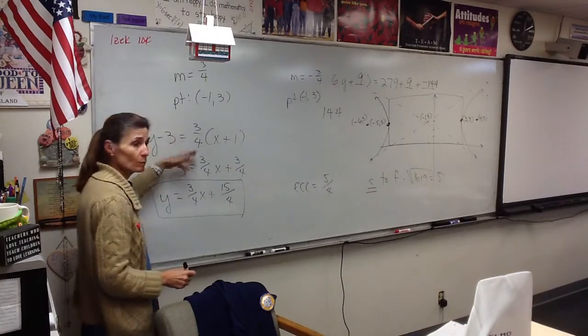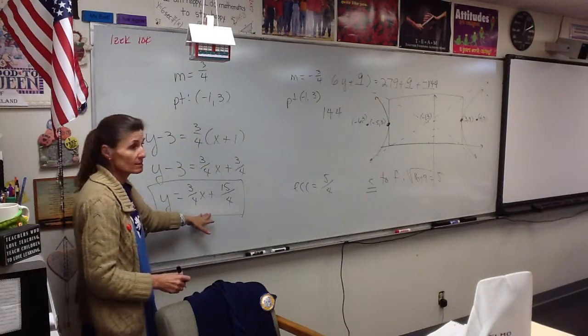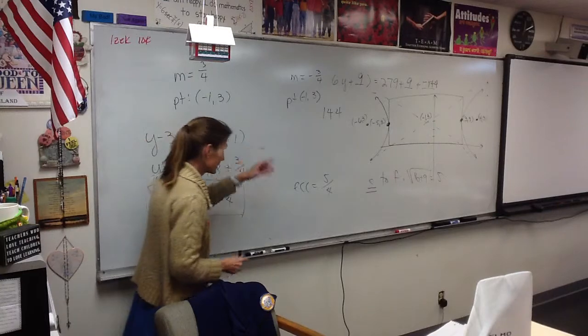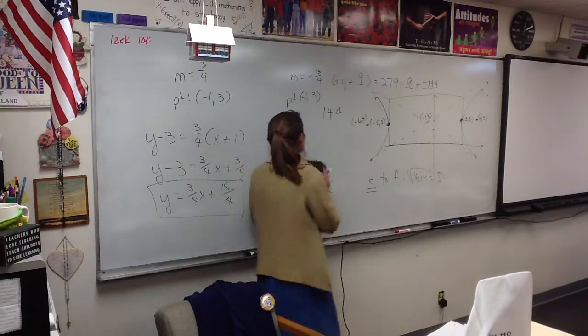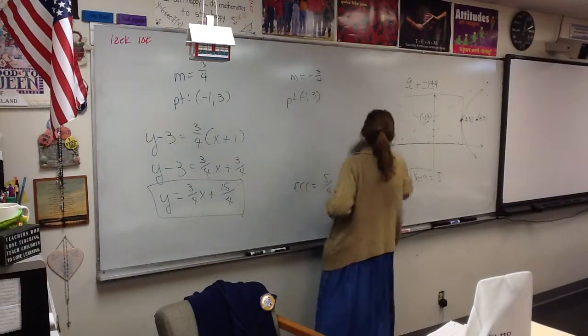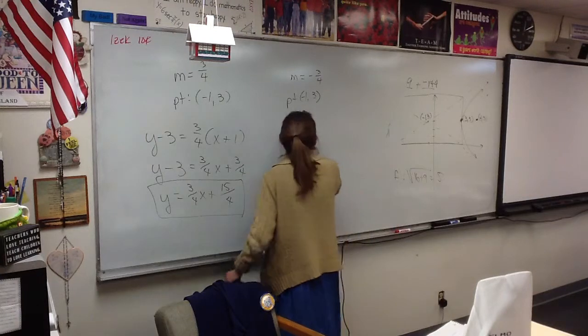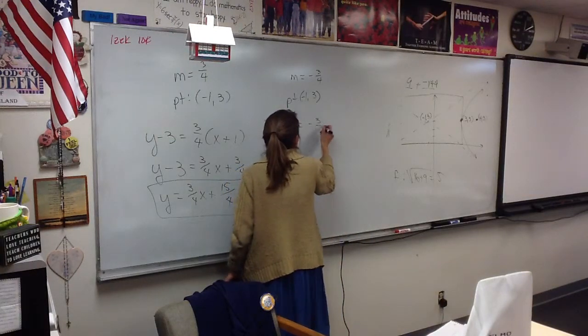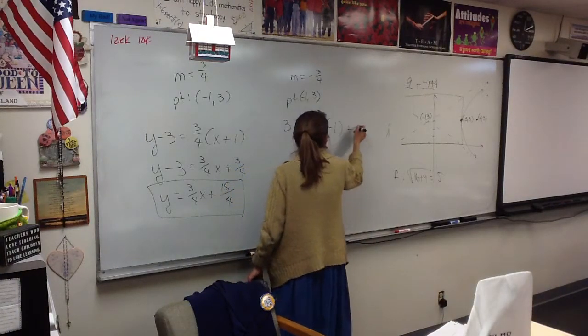Remember, you don't have to work it out this way. Come up with this using another method. This one I'll do using slope-intercept. So y equals mx plus b.